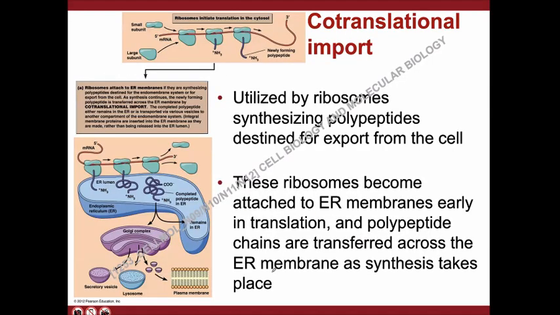The first pathway is what we call the co-translational import, and this is utilized by ribosomes synthesizing polypeptides that are destined for export from the cell. As you will see later, the other mechanism has a different target location and function. For this one, this is used for those that are going to be exported, out of the cell.